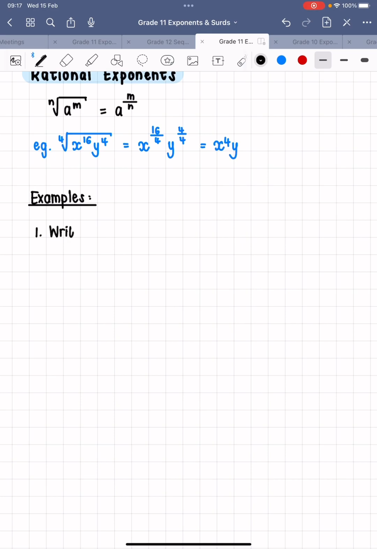Examples. So if they are asking you to write the fourth root of 125 in simplified exponential form, all right, so the fourth root of 125. Now, since they want us to write it in exponential form, we'll talk about the simplified part just now. It would be good for us to actually do that now.